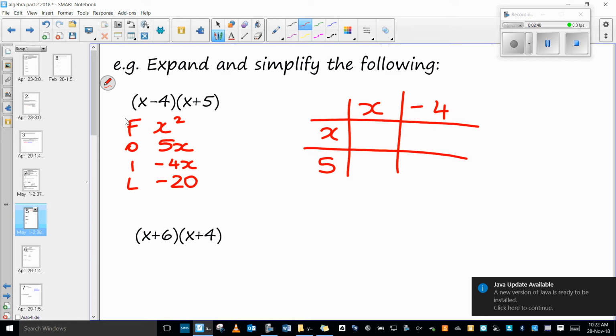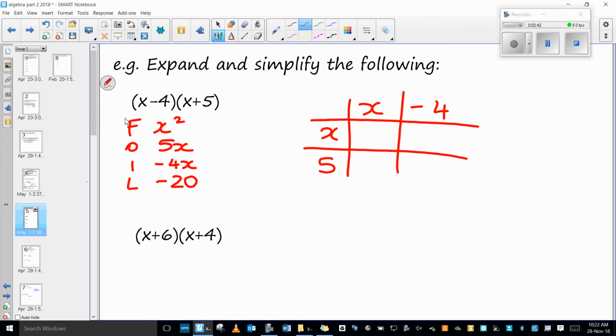So x multiplied by x would be x squared. X and negative 4 would be negative 4x. The x and the 5 would be 5x. And the 5 and the negative 4 would give us negative 20. So we have the same 4 terms. What do we have to do now?